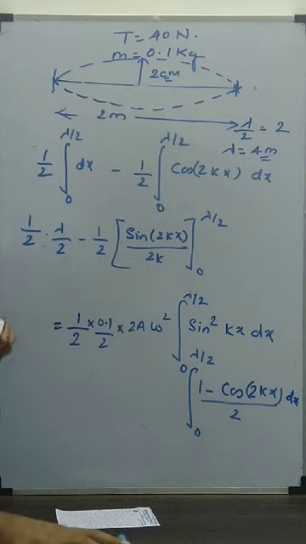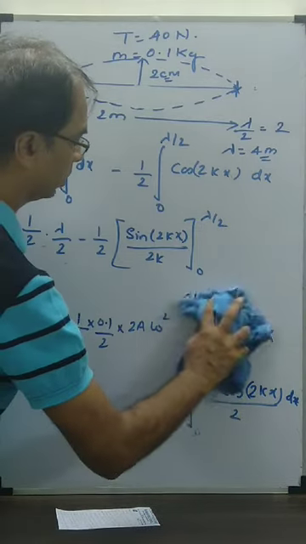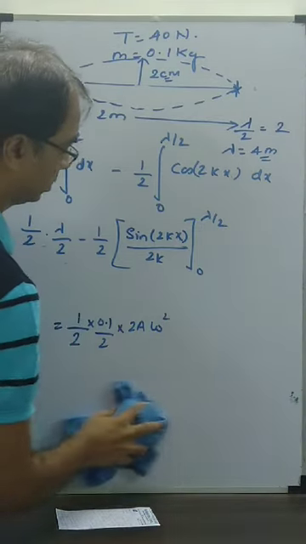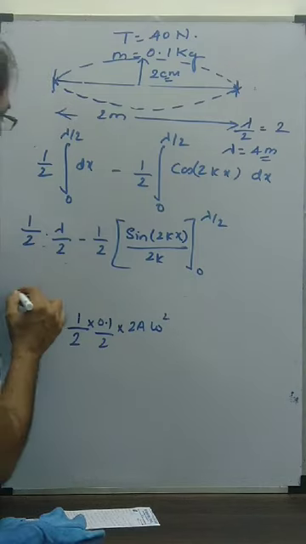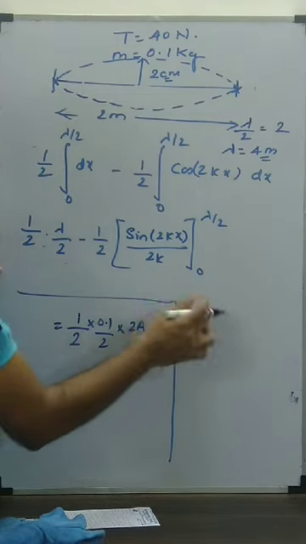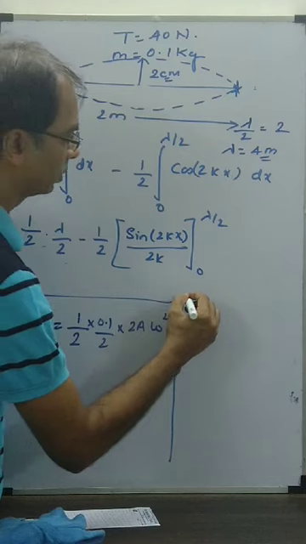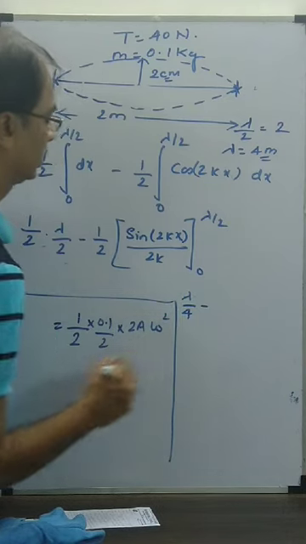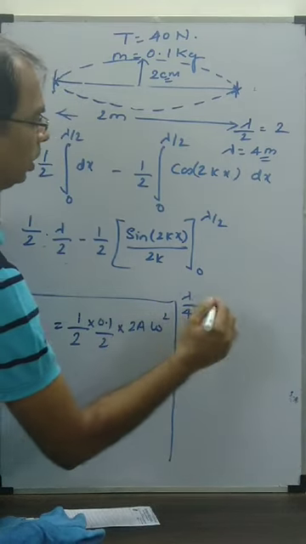Now this part I'm rubbing here, and in this part we are going to put this value. So this is lambda by 4 minus 1 by 2 or 1 by 4k.